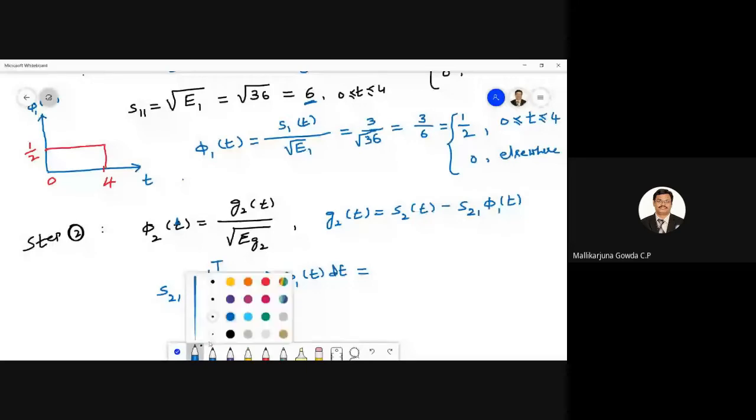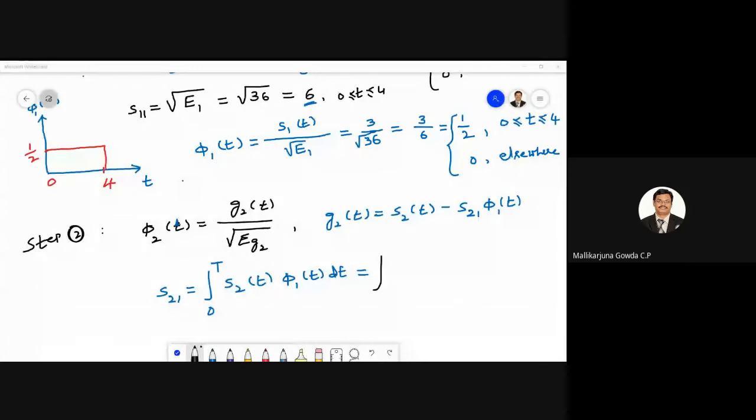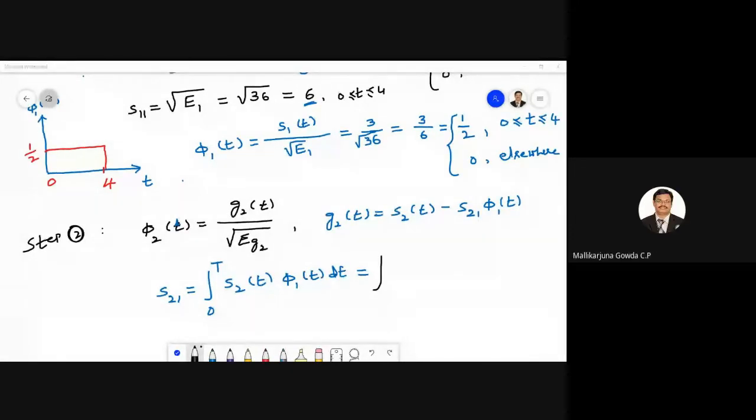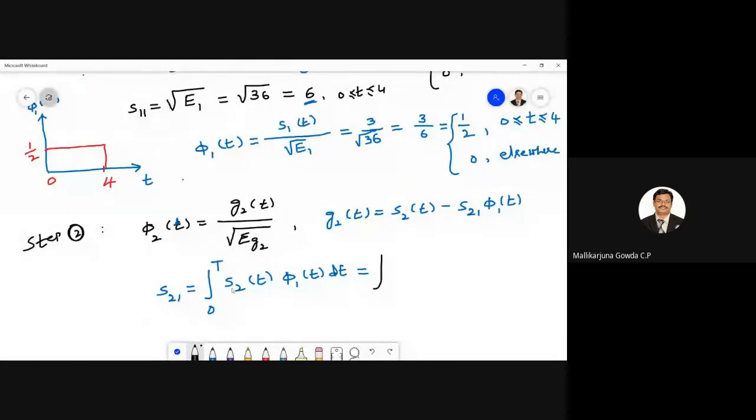S2 of t exists for what interval? Yes, Diksha, can you tell me the integration limits here for S2 of t?